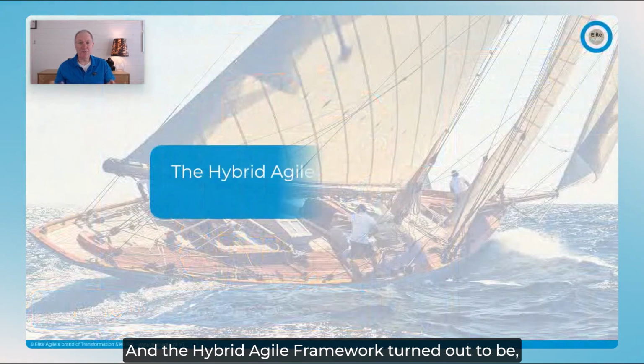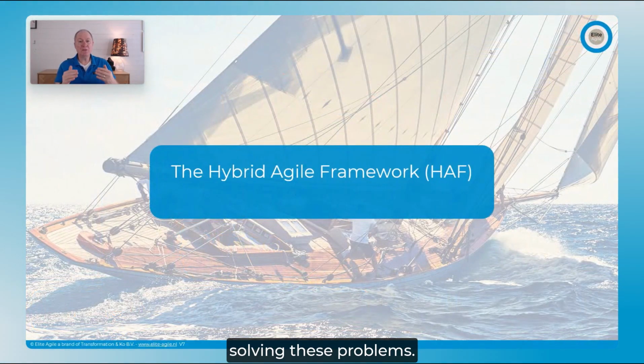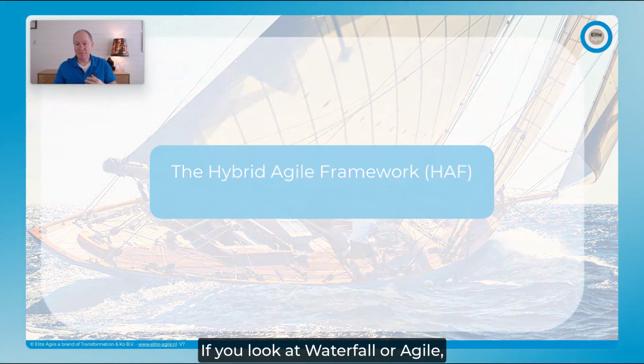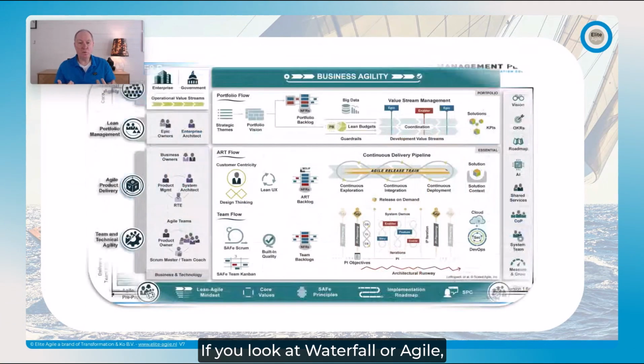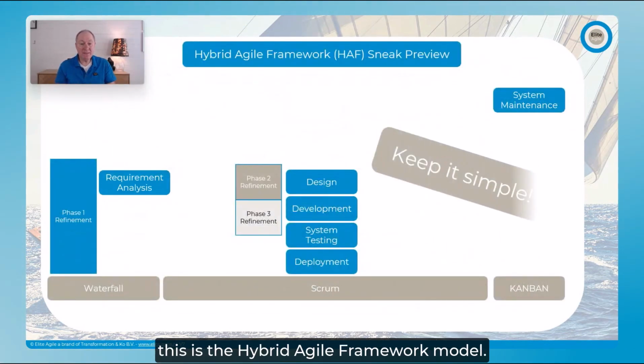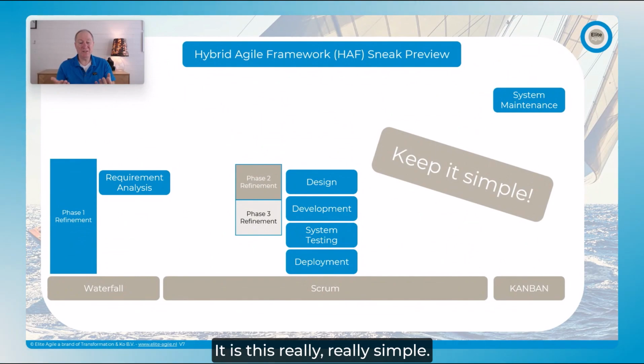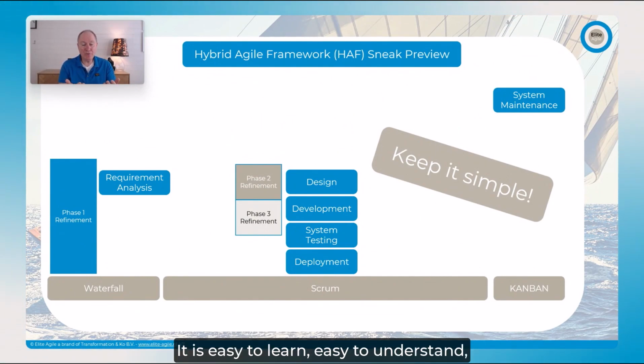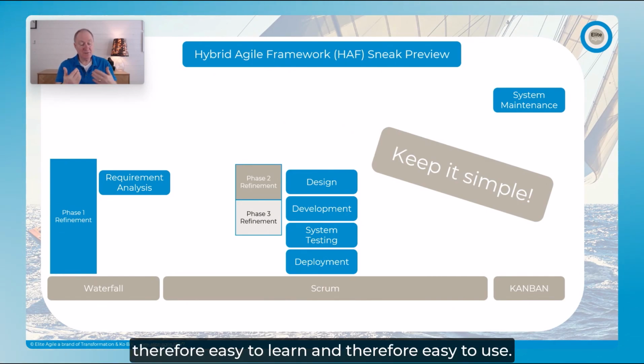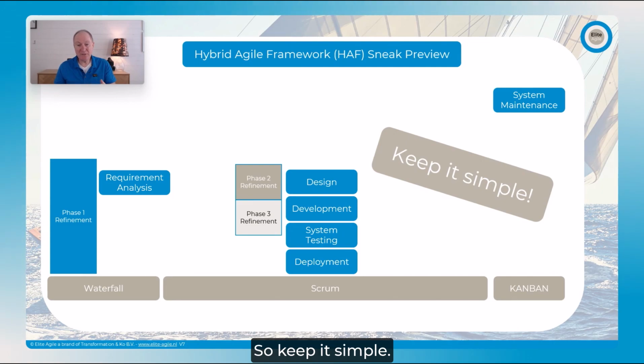And the Hybrid Agile Framework turned out to be solving these problems. If you look at waterfall or agile, this is the Hybrid Agile Framework model. It is really, really simple. It is easy to understand, therefore easy to learn, and therefore easy to use. So keep it simple.